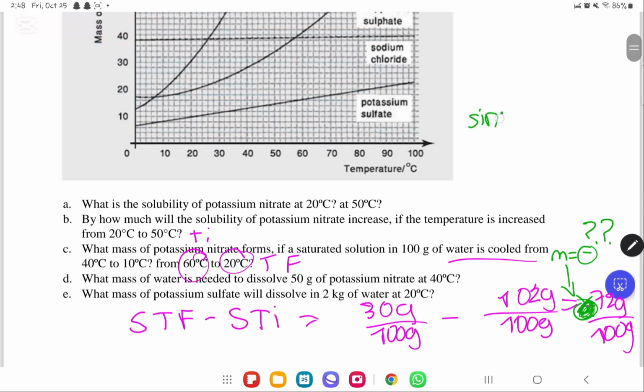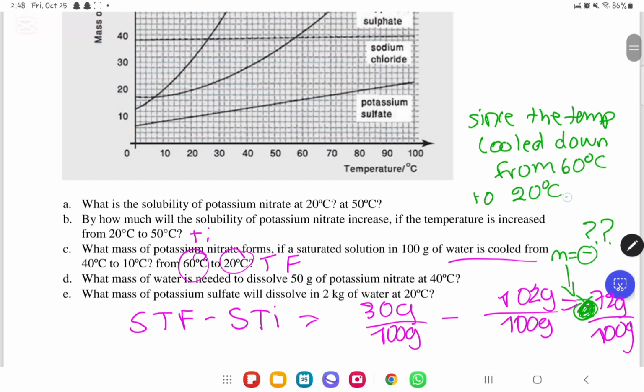We're going to say since the temperature cooled down from 60 degrees Celsius to 20 degrees Celsius, the mass becomes, not 74, my bad, 72 grams over 100 grams.